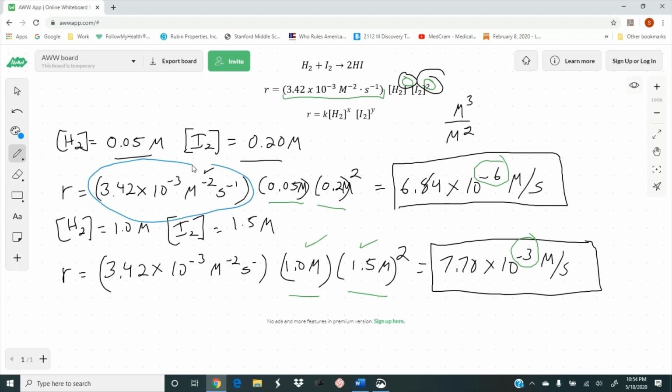This is the rate constant at this particular temperature. If the temperature increases, you have to find another rate constant. The rate constant is going to change. Your k here is going to change. So this is what is affected by the temperature.